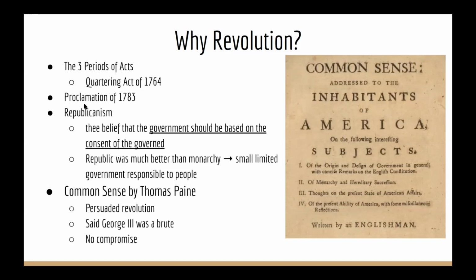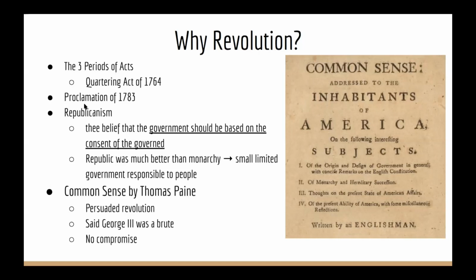We talked about before in period 2 how there were already establishments of representatives, or small communal elected officials and delegates. So this idea of republicanism finally reached its peak during this time because they felt that Britain was being very tyrannical, and they wanted their own small, limited government.